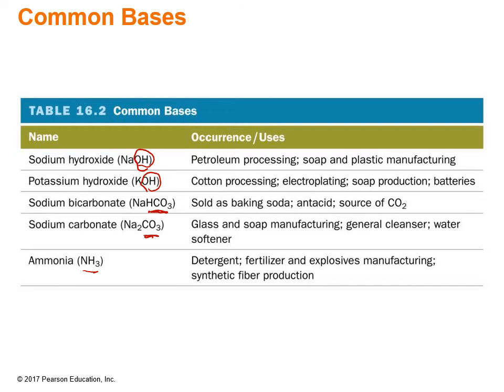It works quite well, but again, we do not have that OH minus, and we'll talk more about these definitions later in the chapter. Ammonia, NH3, is also a base, and that is because it can accept a hydrogen, and it gets used in fertilizers, detergents, and lots of other places.